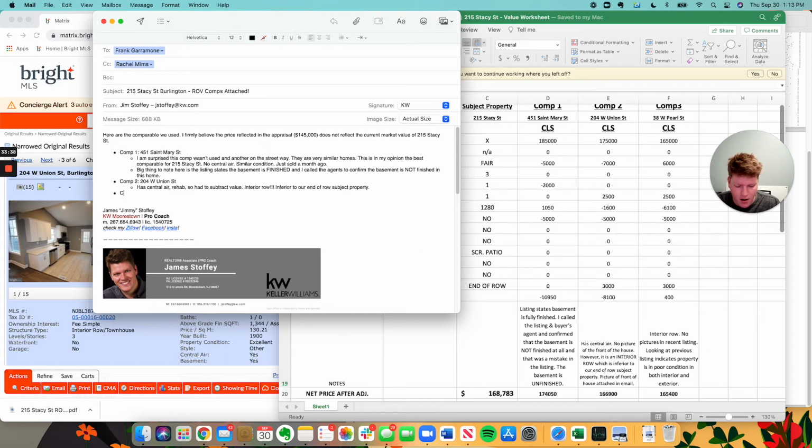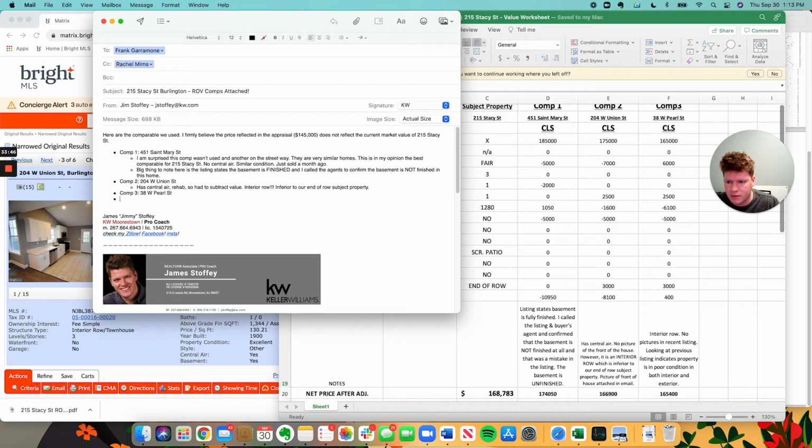Comp 3, 38 West Pearl Street. Again, interior row. This home sold recently and the agent took the, oh right, I got to attach this as well, the screenshot.